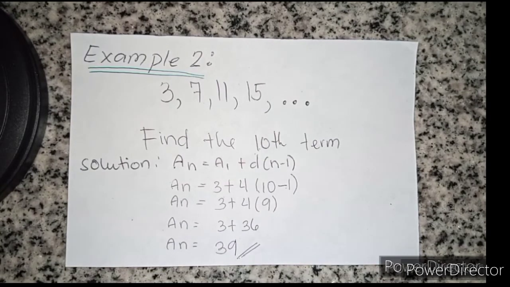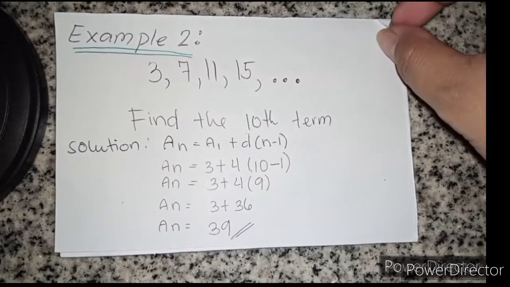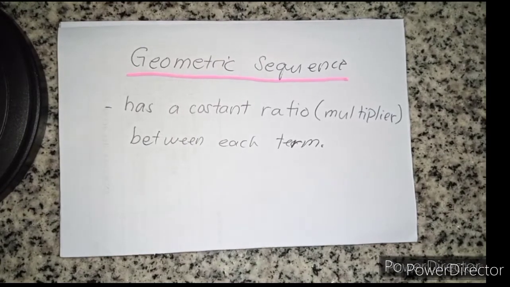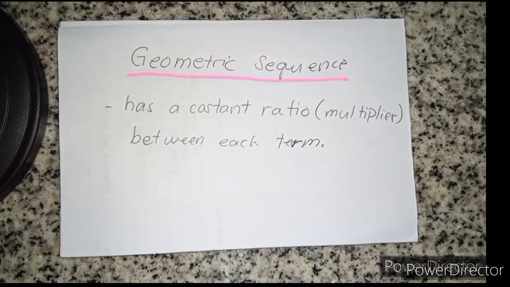So now let's have the other sequence. We call it geometric sequence. So geometric sequence has a constant ratio, or we call it the multiplier, between each term. Okay?